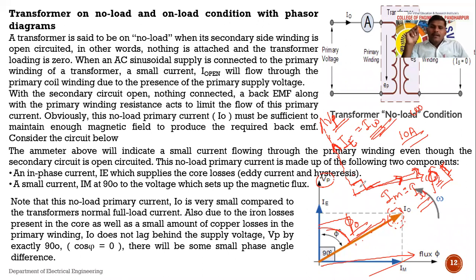Now see, there are two components. One component is nothing but the working component, which is used to overcome the losses like iron, or it may be hysteresis or eddy current loss. It is in phase with voltage. Second component is called the magnetizing component.